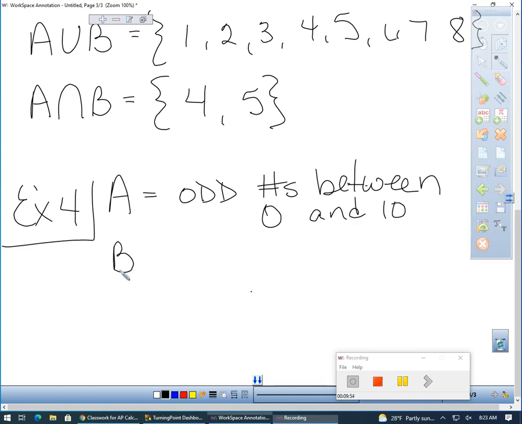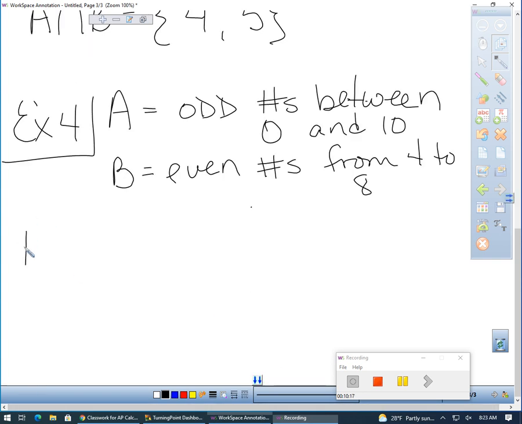And we're going to say B is even numbers from 4 to 8. All right, first thing I want to do is A union B.